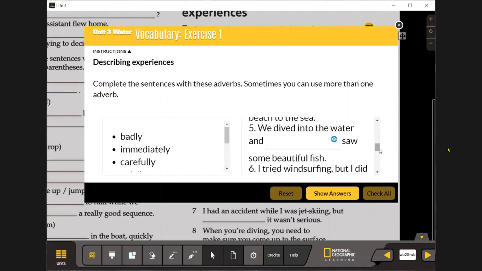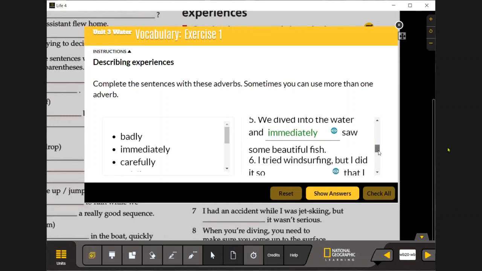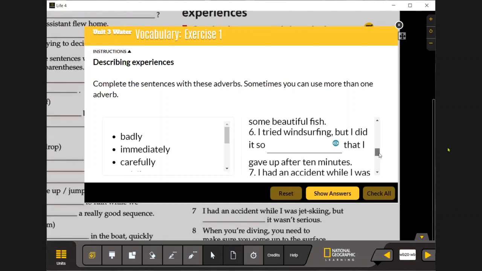Okay, it could be. But read the sentence, Alexis, please. We dived into the water and fortunately saw some beautiful fish. Okay, any other possibility? Suddenly. Probably, suddenly. También nos quedaría. Okay. Incluso hasta immediately, aunque creo que ya la habíamos usado, pero bueno.